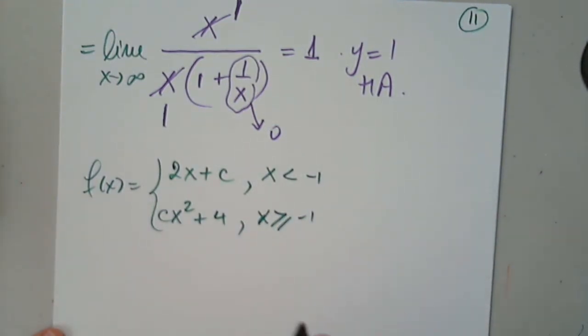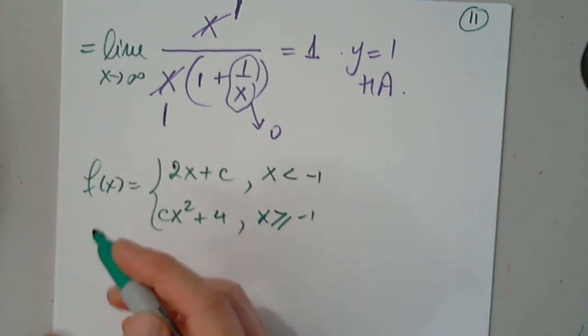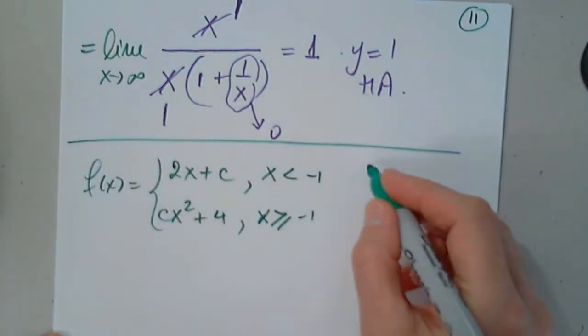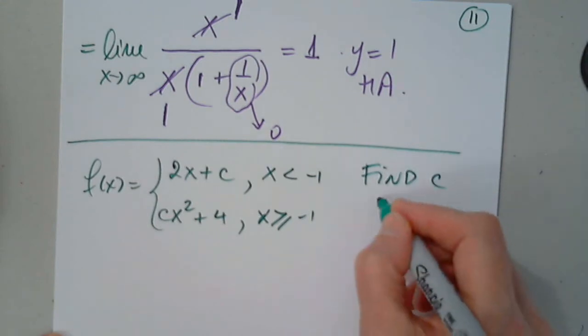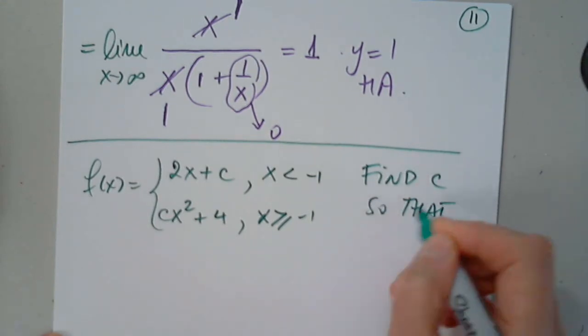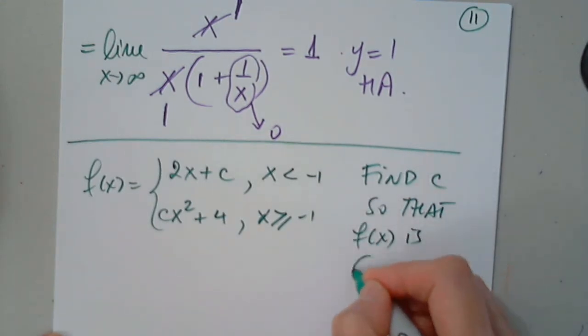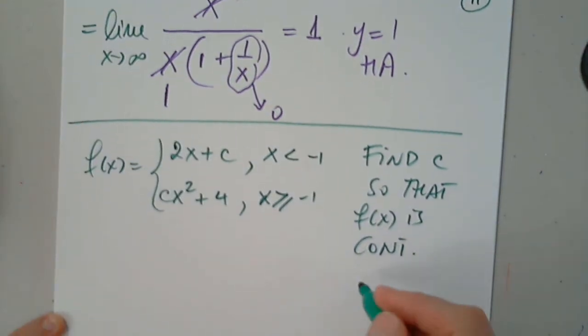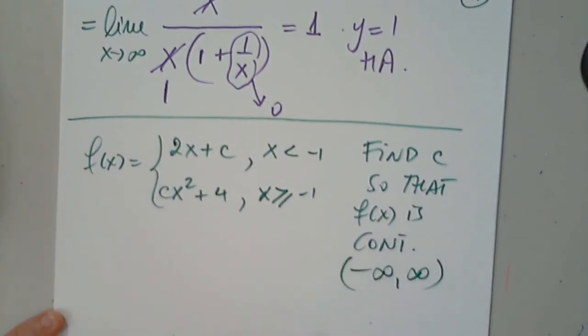But okay, so the question here is find c so that f of x is continuous everywhere on negative infinity to infinity.